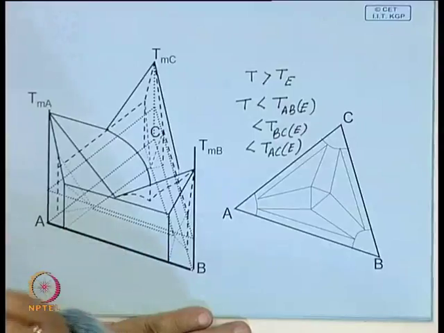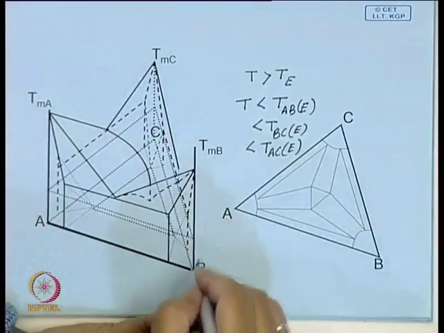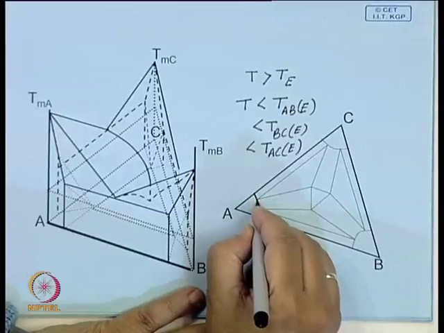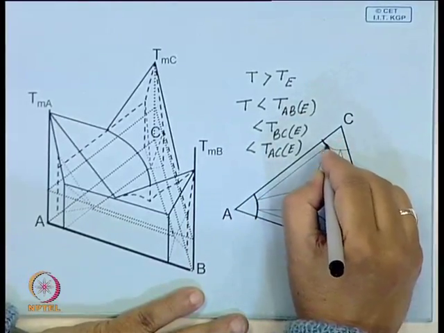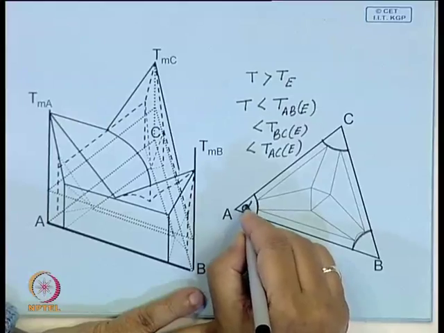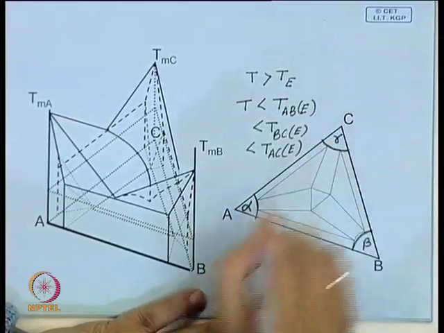Now, here it is very easy to visualize, because at each of these ends A, B, C, there will be a region where it will be single phase. So, this is alpha, this is beta, this is gamma.